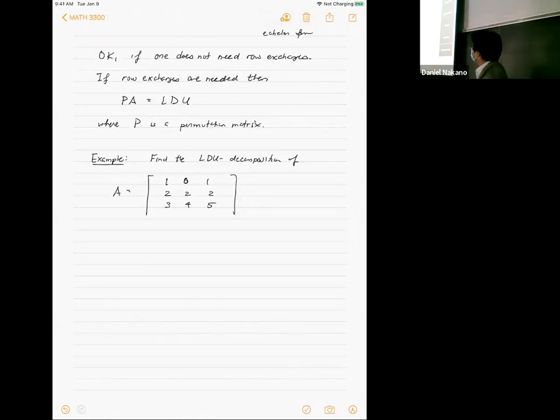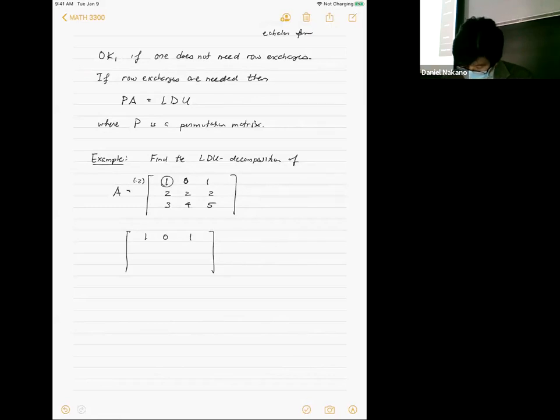All right. So what we're going to do is perform Gaussian elimination on this A, and when we perform it, we'll keep track of the row reductions at each stage using the elementary matrices. The first thing we want to do is use the 1 as a pivot and knock out the 2 and the 3. So the first step is to keep the first row the same, and multiply minus 2 times the first row plus the second row and put it in the second row.